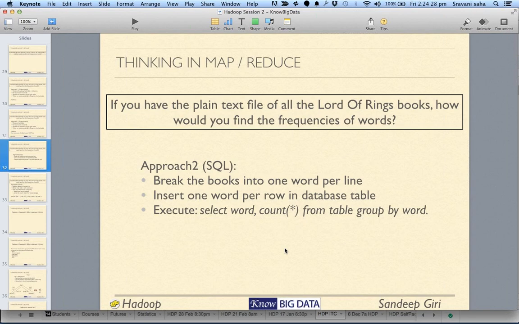So we say group by word, so it's equivalent to saying our map has the key called word, and reduce is equivalent to saying count star. Think about it, we'll get back to this again, but this is a very good solution.